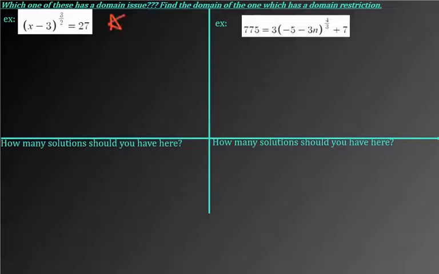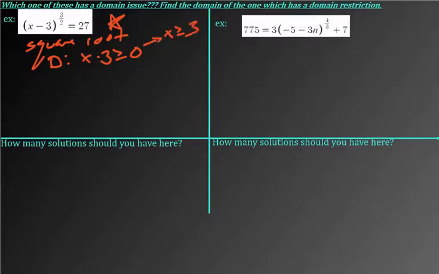This is the more annoying one over here versus this example over here, because you have a square root with that 1/2. So you need to set x minus 3 greater than or equal to 0, so x is greater than or equal to 3. That's going to be the domain.